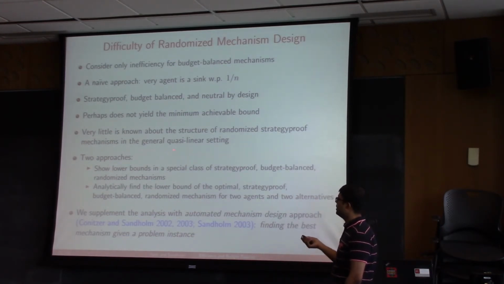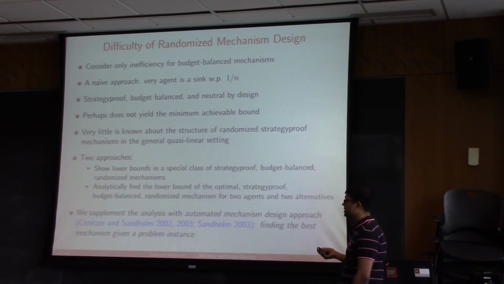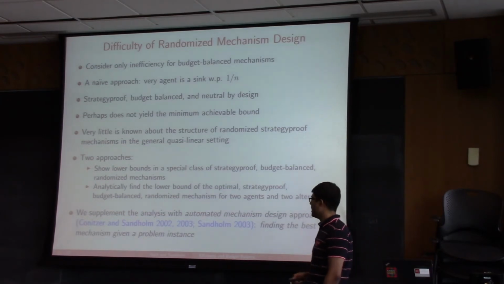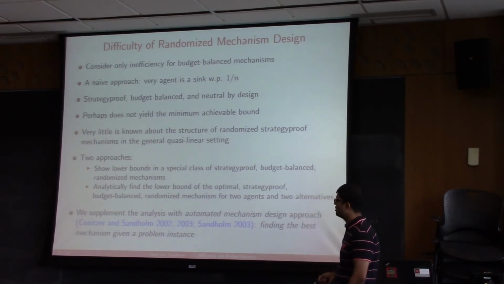In general, in this special class of randomized mechanisms, we do have lower inefficiency than the deterministic case, but the optimal one is even better. We are still working on that problem.